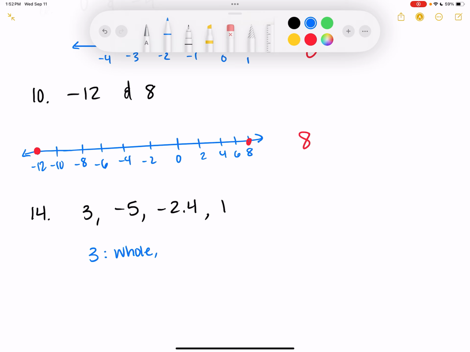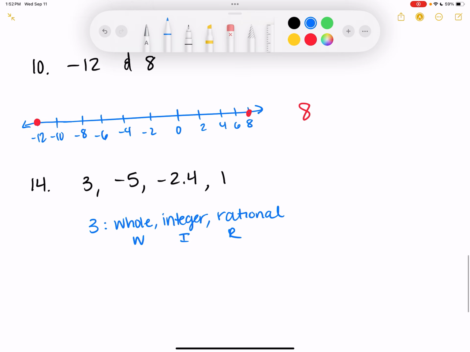So what all is this one? Whole, integer, and rational. Yep, this is all 3. If y'all want, since these all start with something different, you can say W, I, and R, to abbreviate them so you don't have to write the whole thing out. That's fine.